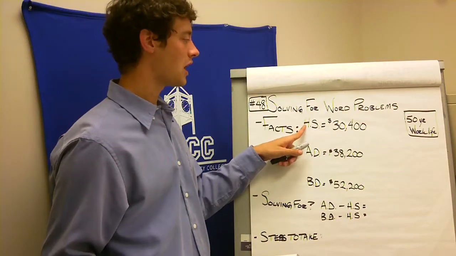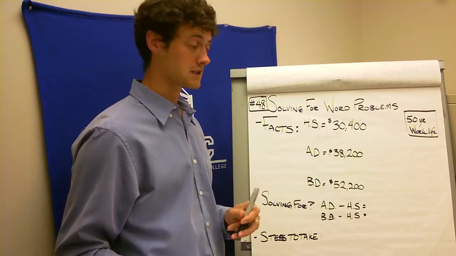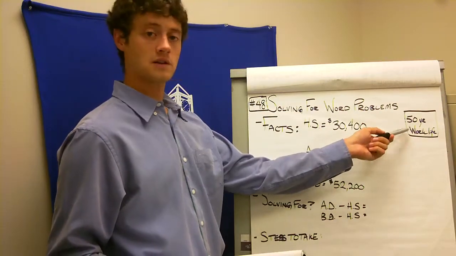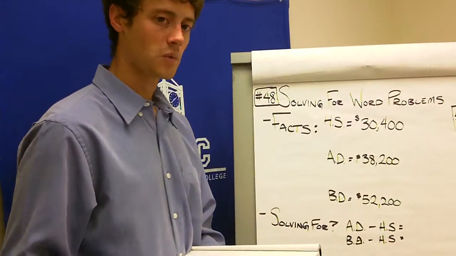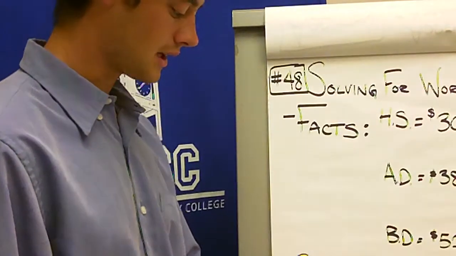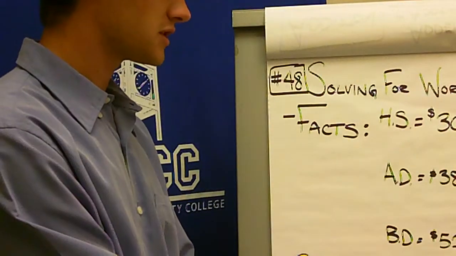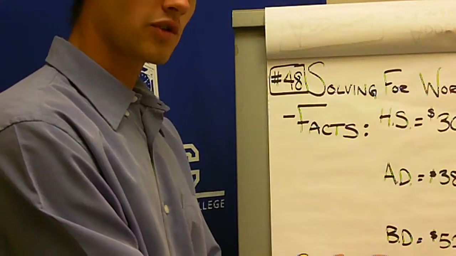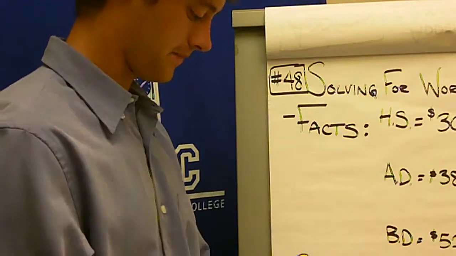Facts. Well, we know how much each graduate makes on average, and we know how many years for the total working life. So what are we solving for? It says specifically, calculate each income, and then calculate the difference between an associate's degree and a high school graduate, and a bachelor degree and a high school income.